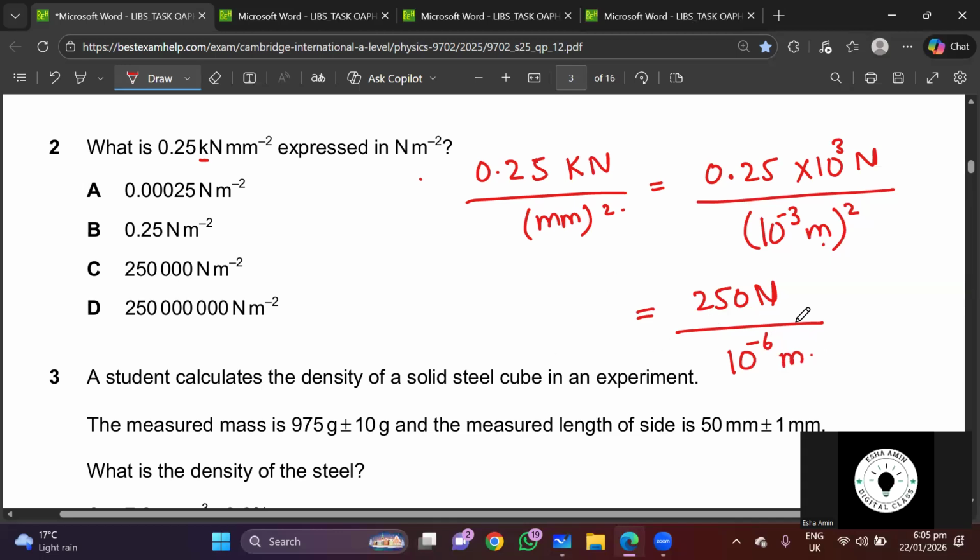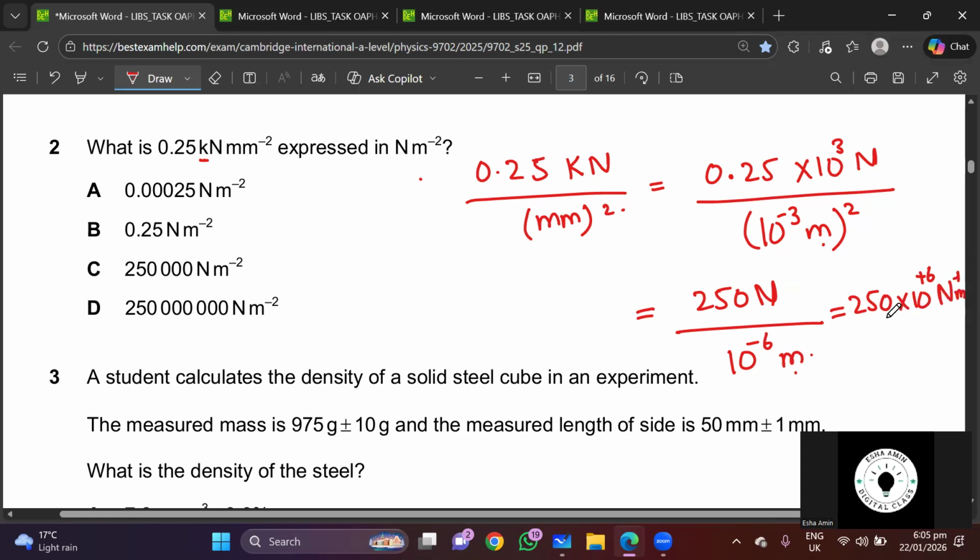Right. So if we shift this 10 power minus 6 to the numerator, this will become 250 into 10 power positive 6, right? Newton. And if we shift this meter to the numerator, this will be Newton per meter.